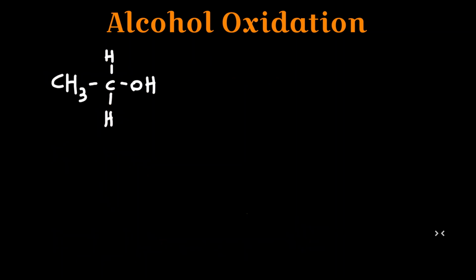Now we are going to consider oxidation reactions of alcohols. Firstly, we have to use a primary alcohol. This primary alcohol is known as ethanol because it has two carbon atoms and the carbon chain becomes eth, so this becomes ethanol.